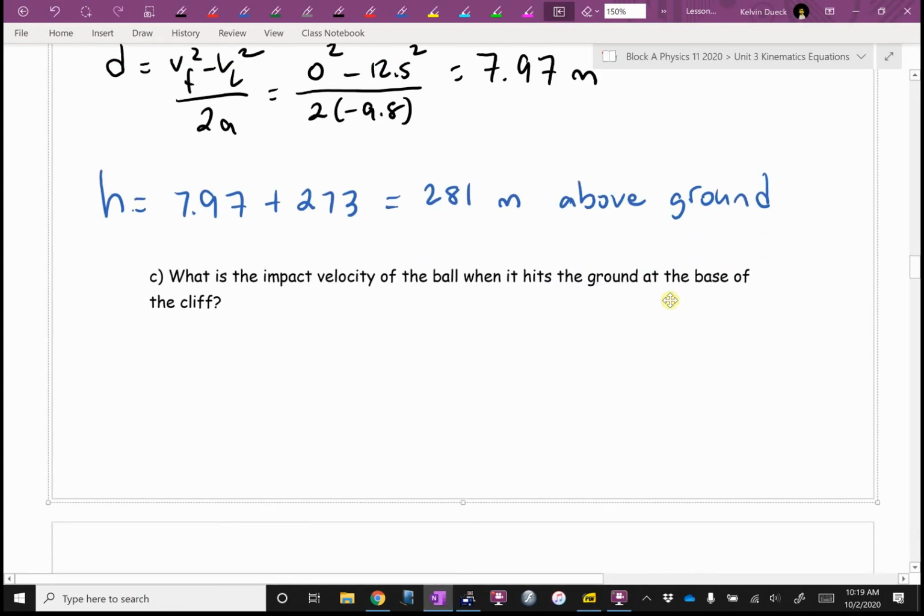What C you want me to find? VF. In terms of our physics concepts. Is it 0? No, after it hits the ground it's 0, but VF is not 0 when it hits the ground. So let's make a little note here. VF equals question mark, not 0. VI was positive 12.5. I know A was negative 9.8.